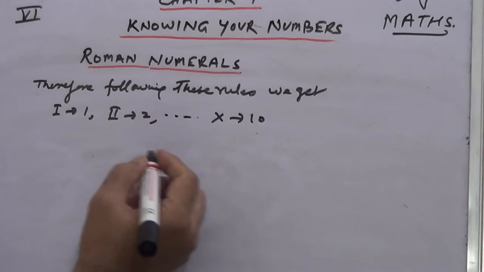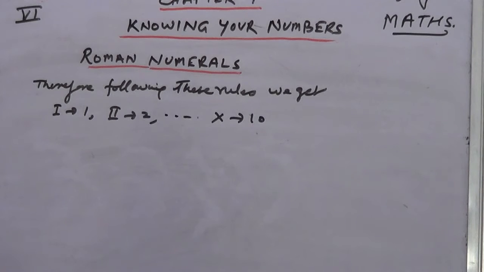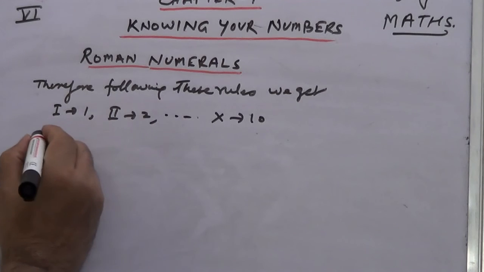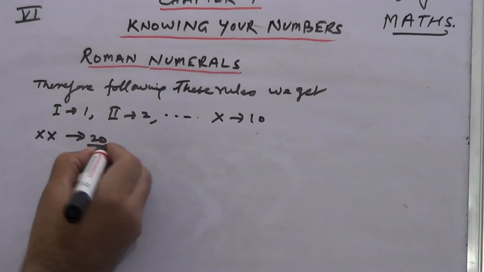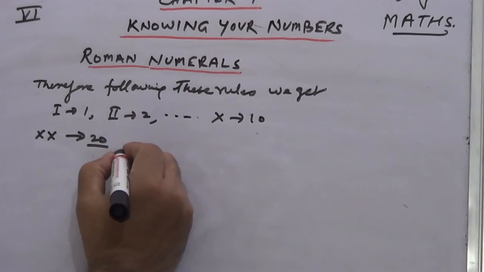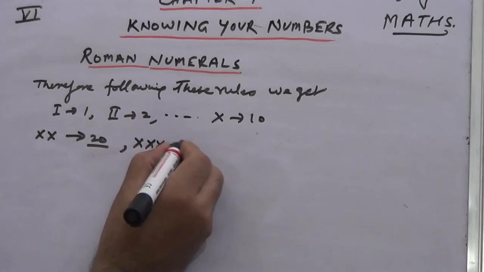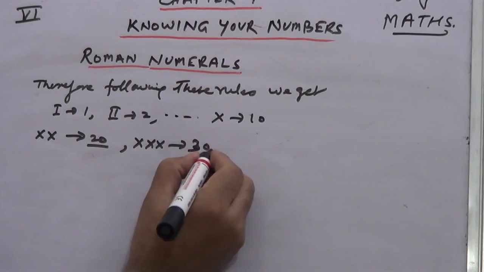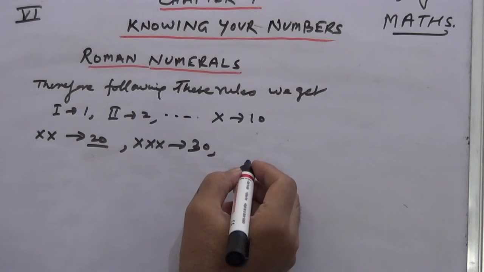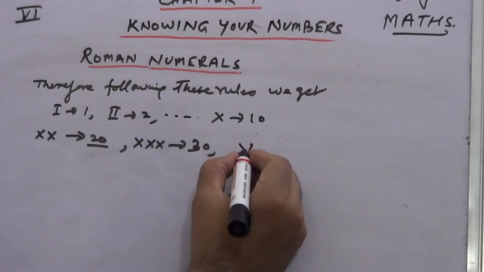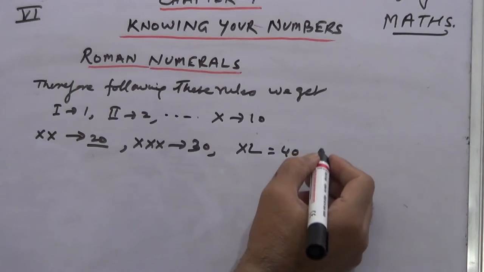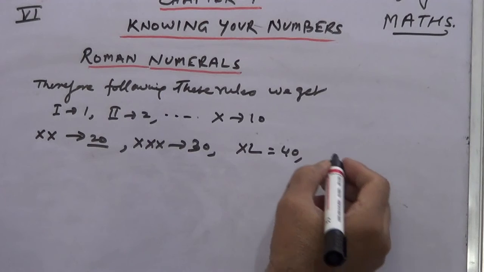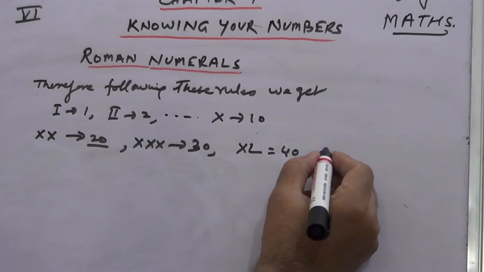Now for higher values, for 20, 30, XL is equal to 40, 50 is L.